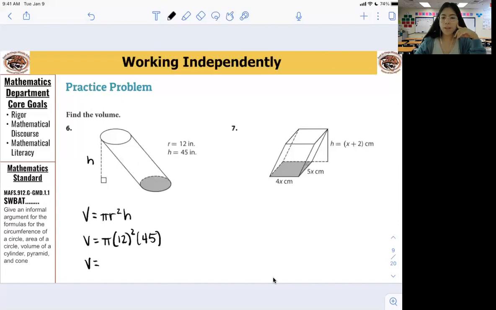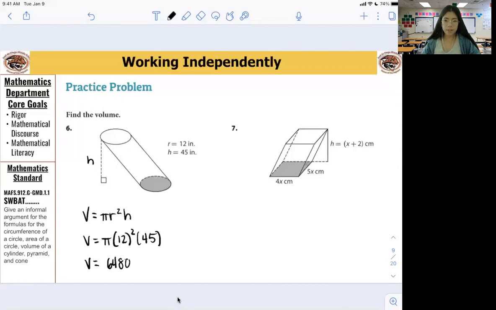All right, Perla got 6,480 pi. How do we feel about that? We agree, good. That is correct. 6,480. Jalen got 648 rather than 6,480.